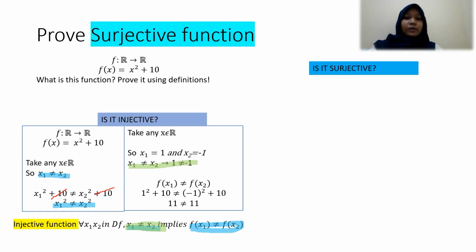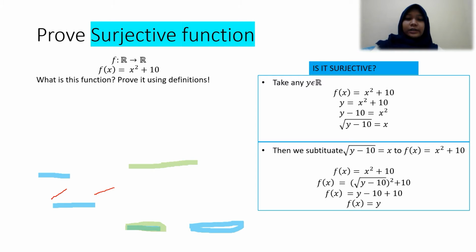And then we search for f(x1) and f(x2). So 1 squared plus 10 not equal to negative 1 squared plus 10. 1 squared is 1, plus 10 is 11. Negative 1 squared is also 1, plus 10 is also 11. So this is not an injective function.